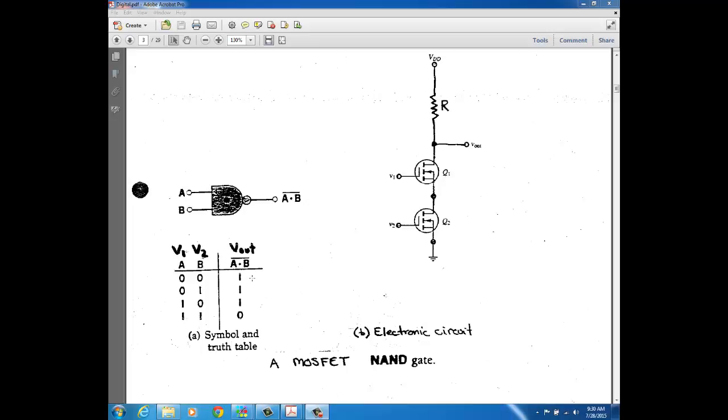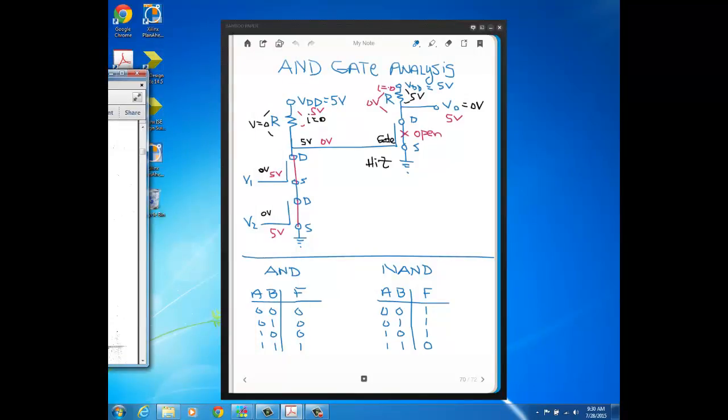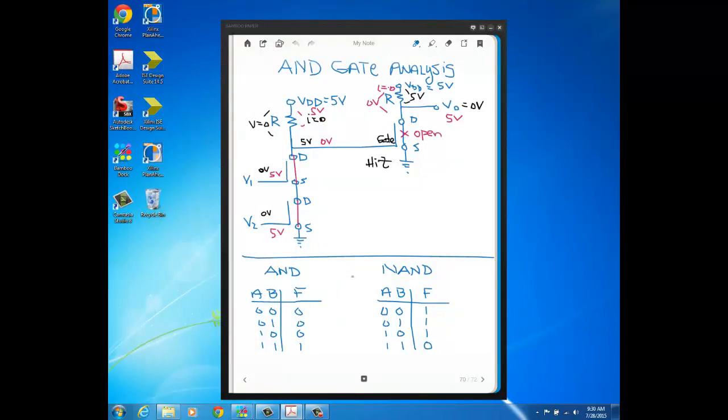But you can see that if you compare the output of a NAND to the output of an AND, which is right here, the output is NOTed.